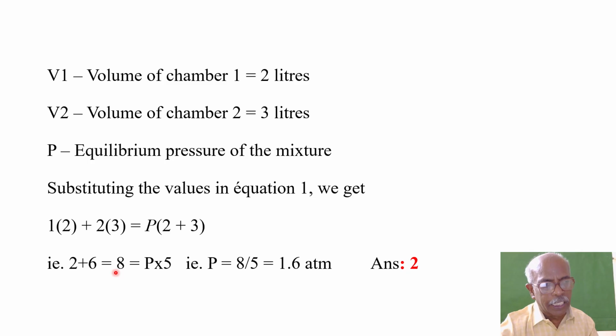So P is equal to 8 divided by 5, that is 1.6 atm. 1.6 atmospheric pressure is the equilibrium pressure attained by the gas after the removal of the partition. Okay, so option 2 is the right answer.